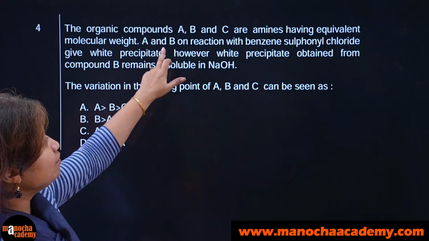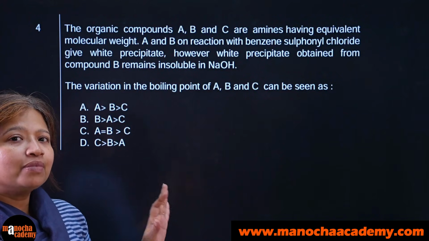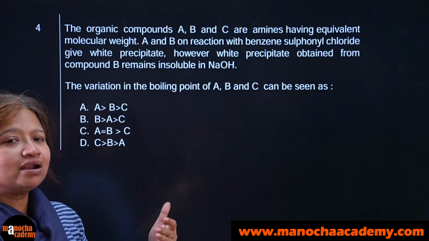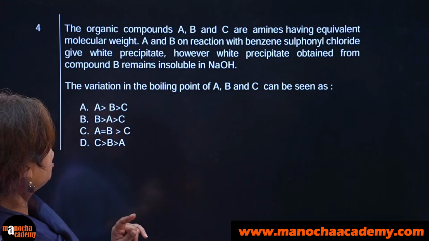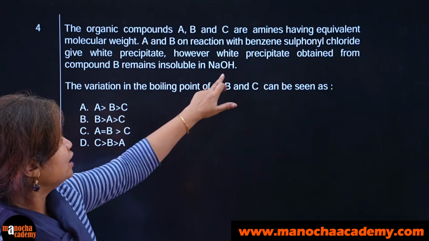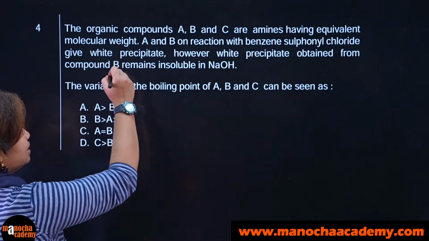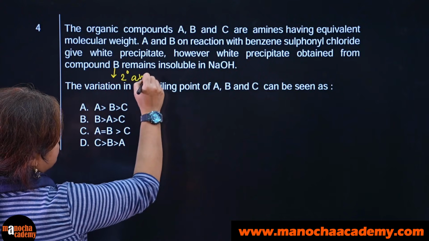So both A and B giving a white precipitate means the possibilities are primary and secondary amines, right? However, the white precipitate obtained from compound B remains insoluble in NaOH. That means B is a 2-degree amine without doubt, right?